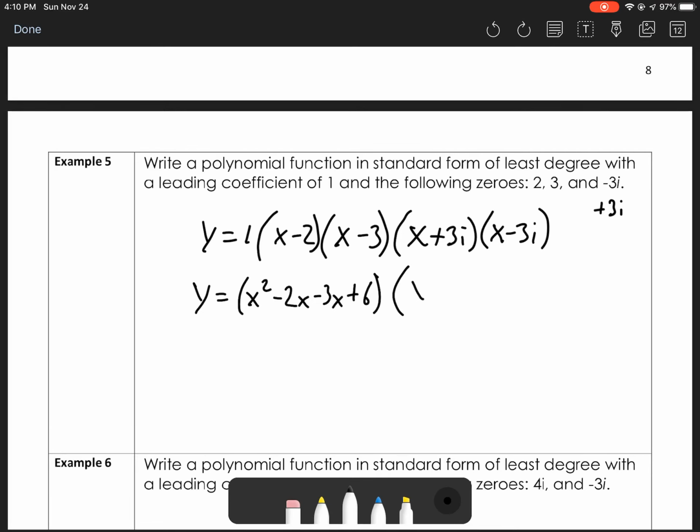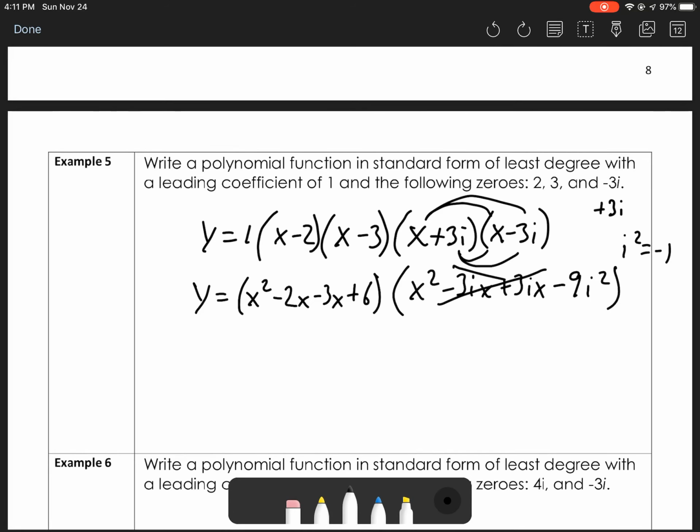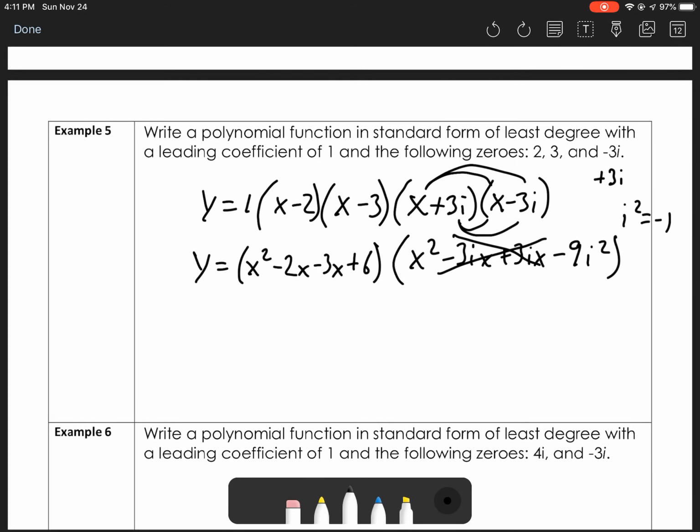So x times x is x squared. X times negative 3i is negative 3ix, and then plus 3ix, and then here we end up with minus 9i squared, which is great because we know i squared equals negative 1. And then our middle terms are going to cancel out here, since negative 3ix plus positive 3ix is going to be 0.